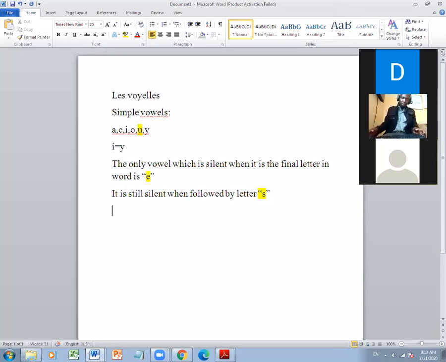For example, let me give you an example so that you understand that. So we have a word like that. How will you read that? Poem. As simple as that. Meaning, the two are pronounced the same. You see that? Poem, poem, poem.